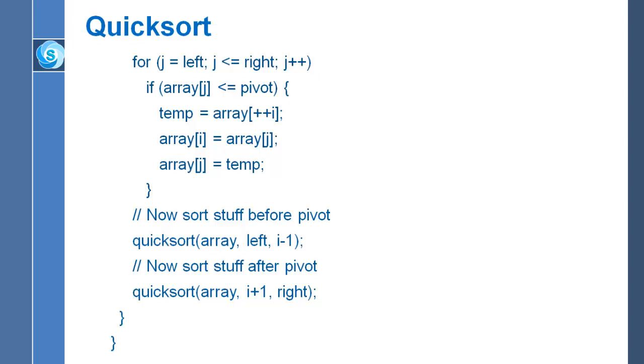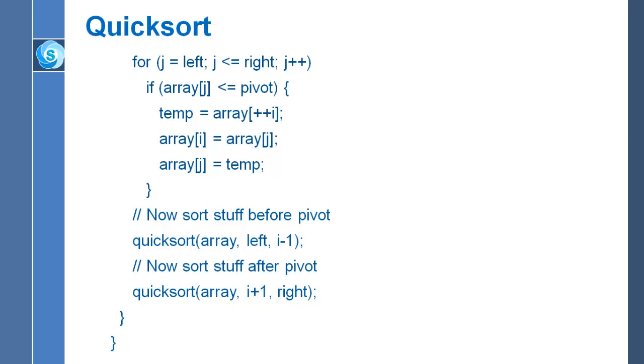Now be careful about this. If you've had the proper background, you should realize the difference between plus plus I and I plus plus. We're using plus plus I in this third statement here because we want to increment I before using I. This is the idea that we want to advance the red arrow before using the entry at that position.